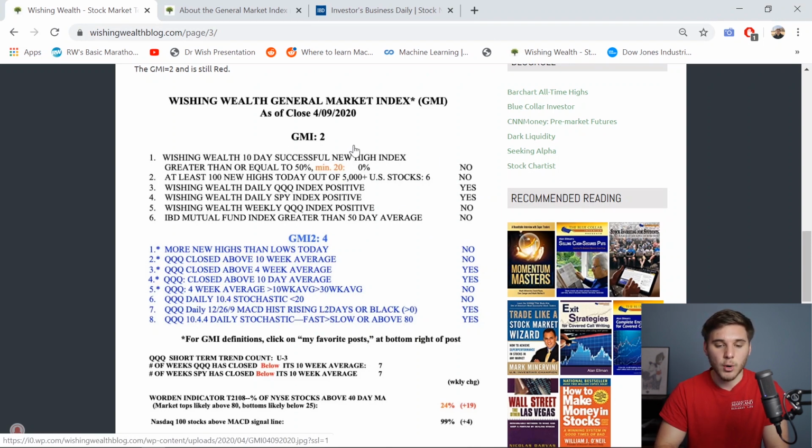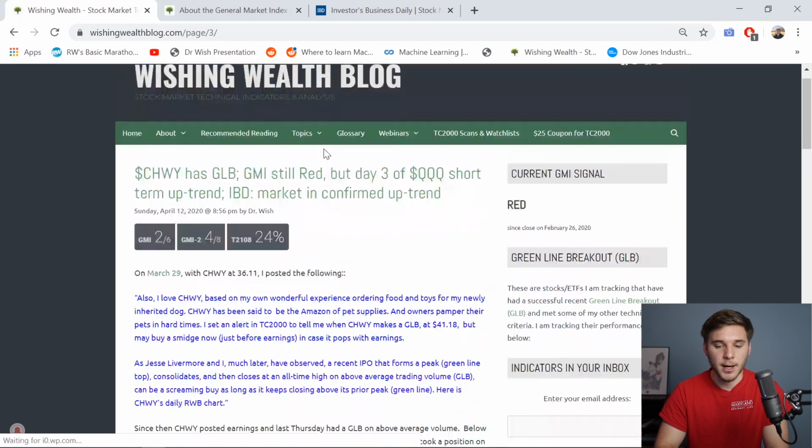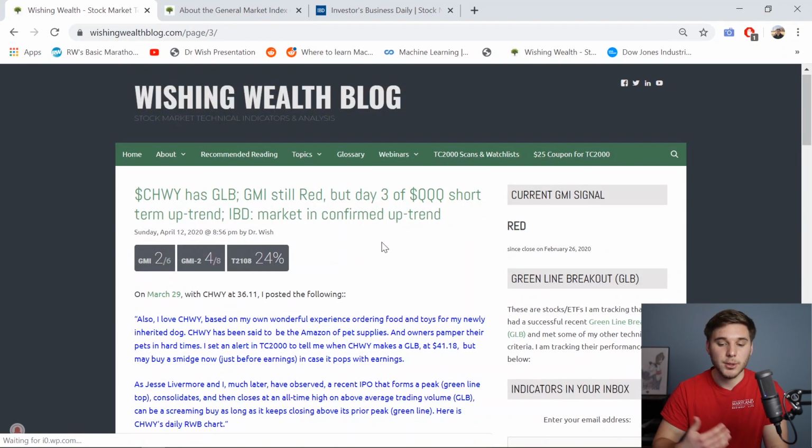If this overall GMI score is less than 3 for more than 2 straight days, the GMI signal turns red. And likewise, if it's greater than 3 for 2 or more days, the GMI signal turns back to green. Historically, when this GMI signal is red, it is a bad time to be investing in the stock market and going long in positions.